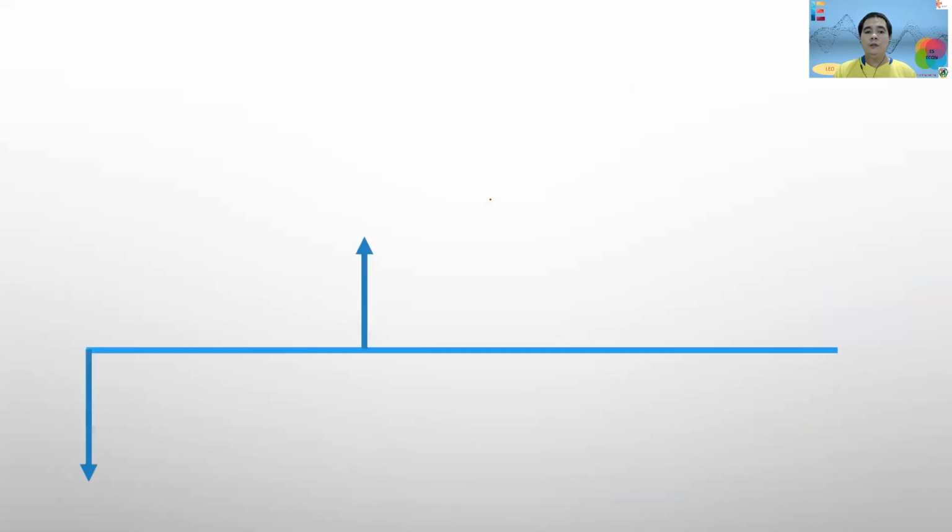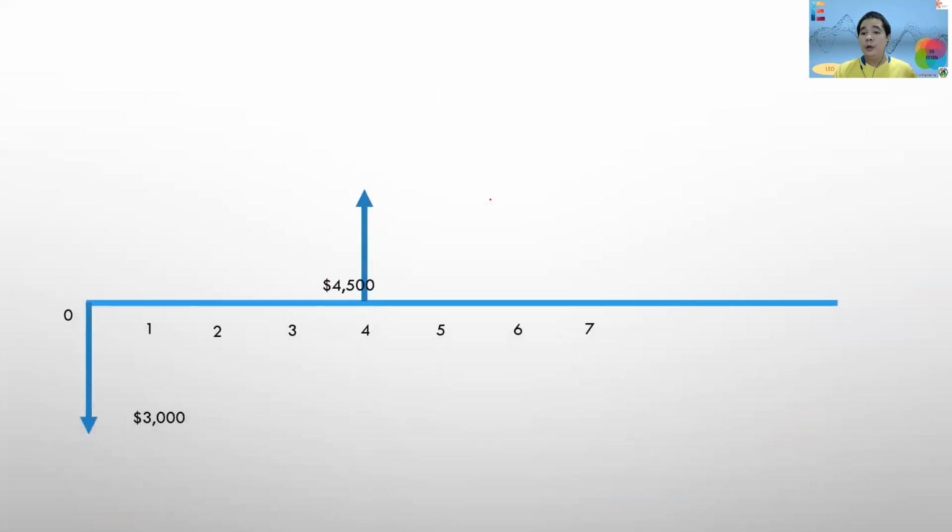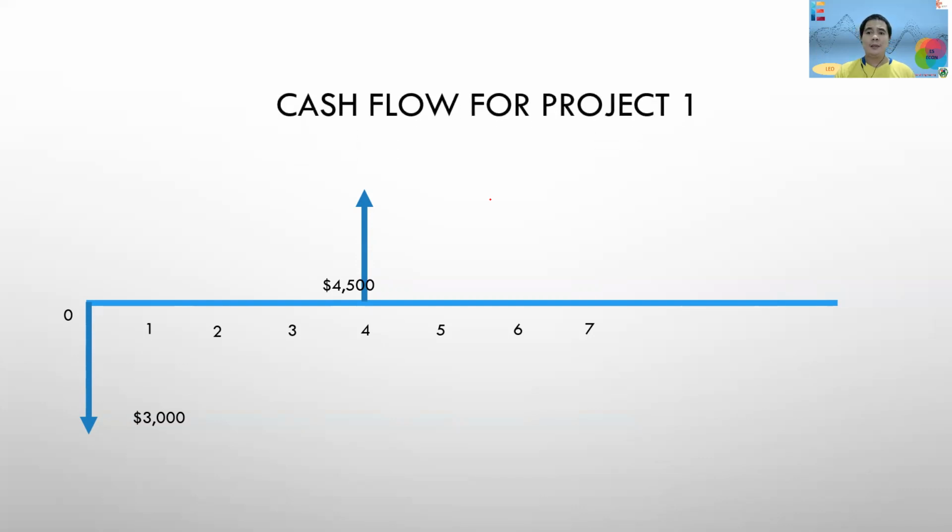So to start off, let's have our first project. What is the IRR for the first project? Given the cash flow, you'll have to make sure that it is equivalent to 0 first. So the cash flow for project number 1: your first cash out is $3,000 at year 0 and your cash inflow is 4,500 at year 4.